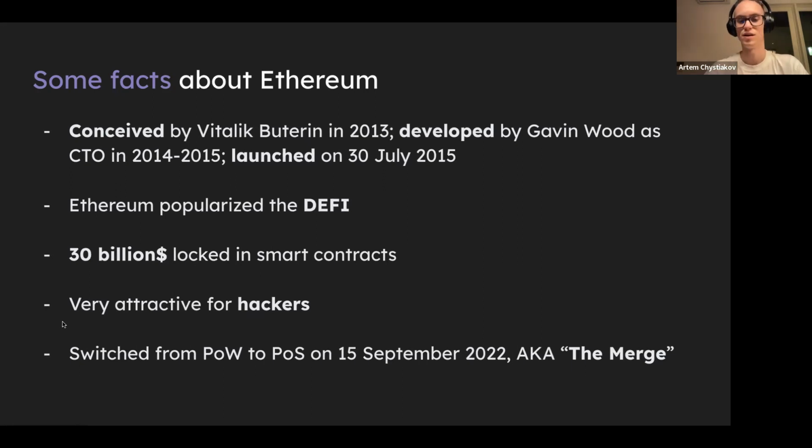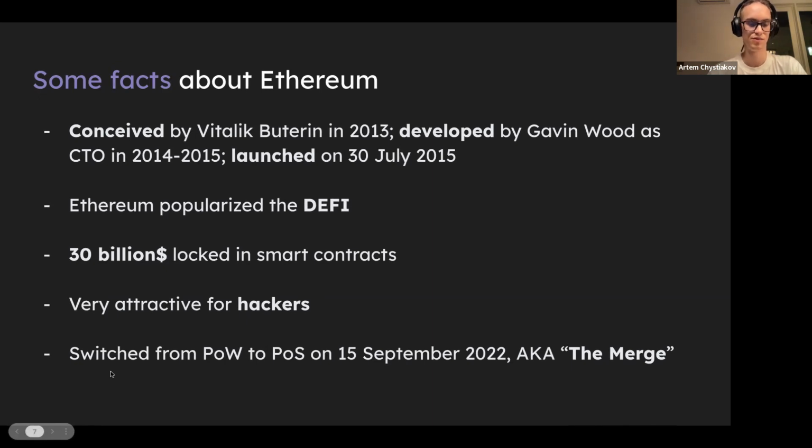Every day new protocols emerge that are trying to solve some problems, and usually those solutions are not ideal. There are several bugs in the contracts, and hackers are sneaking around to find those bugs and to possibly steal something.